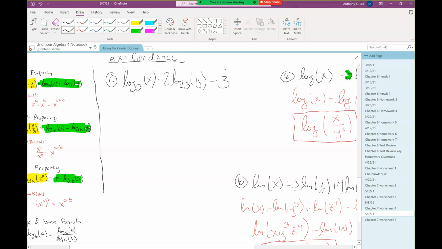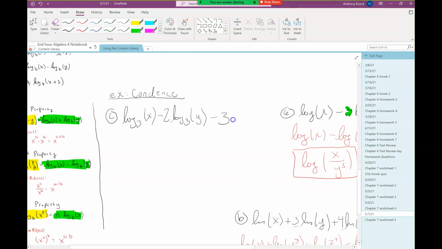So here I have log base 3 of x minus 2 log base 3 of y minus 3. So right away, this feels a little weird, right? What's weird about this one? It has that 3 at the end without any log part on it, right? So my goal here, before I get going using the properties, is to get a logarithm, attach that 3 somehow.